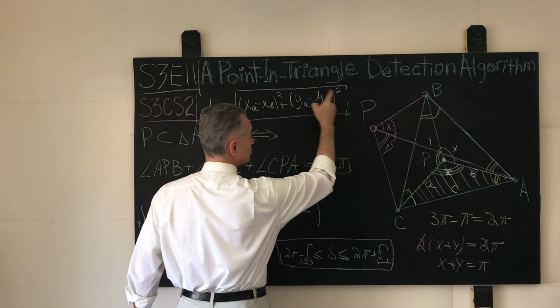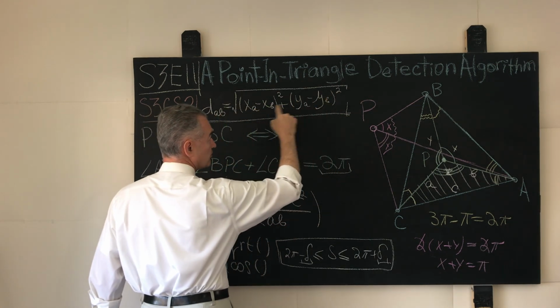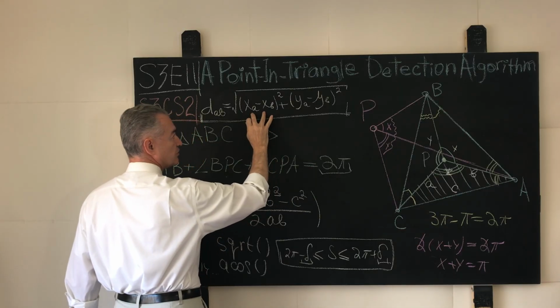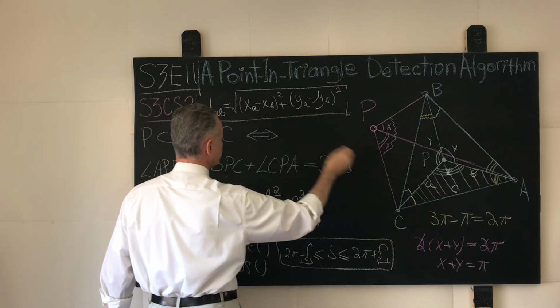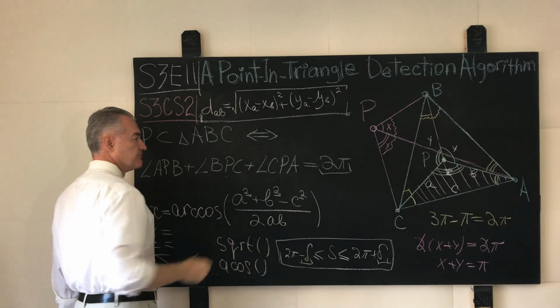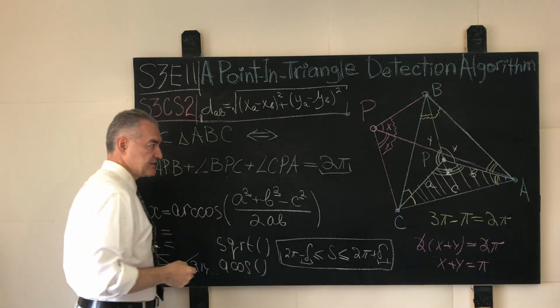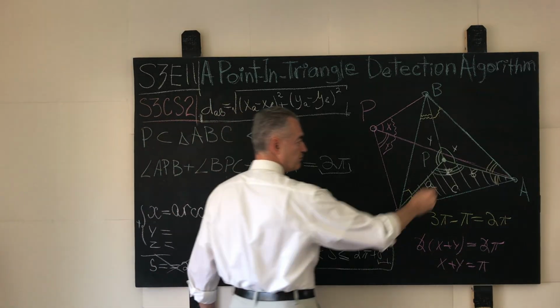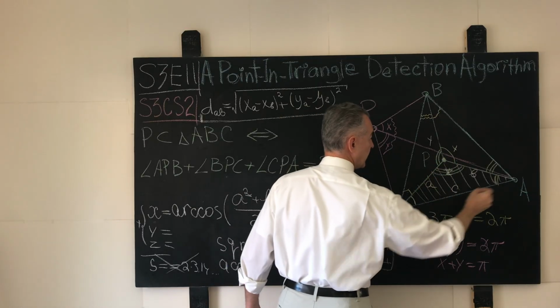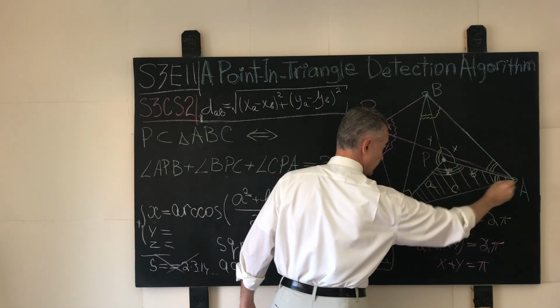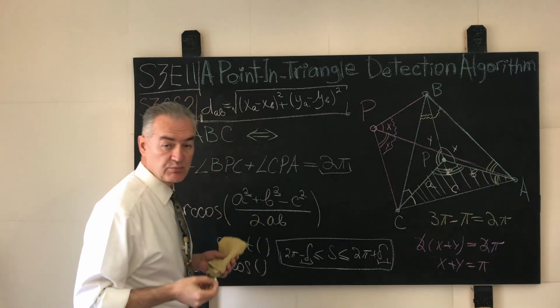It's the square root of the sum of squares of the differences between the x and y coordinates of any 2 points, let's say A and B. That means that the distances between the point P and the rest of the vertices, and the distances between the vertices of the given triangle, can be computed.